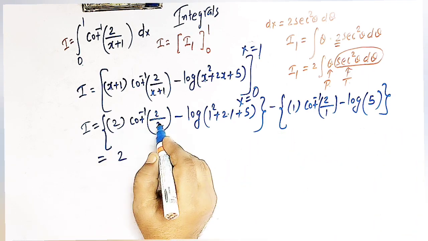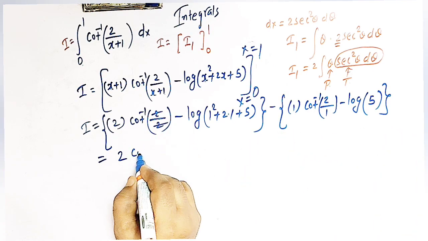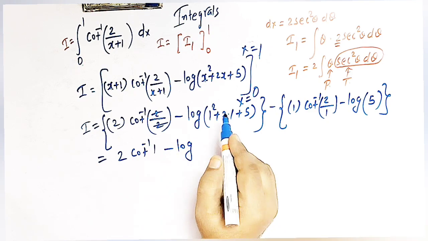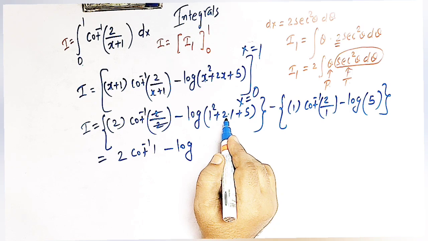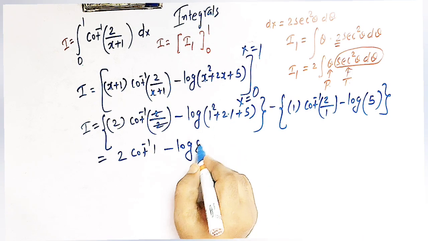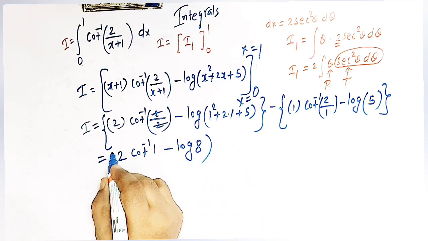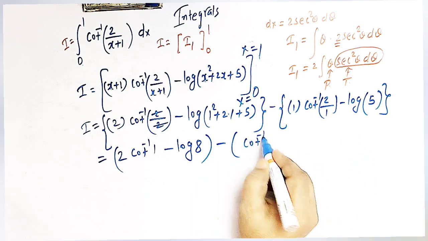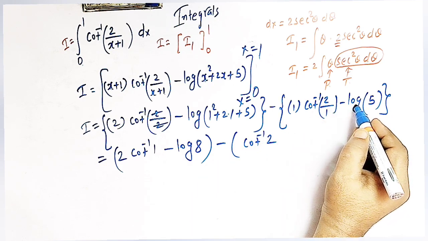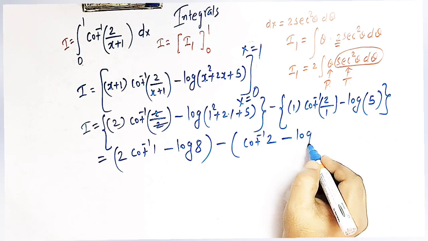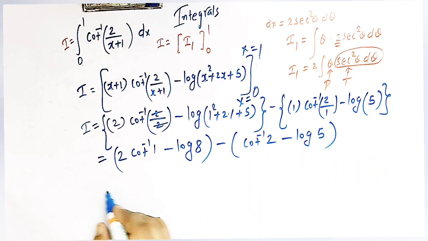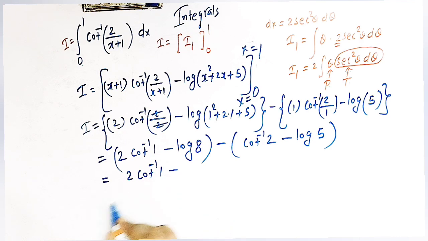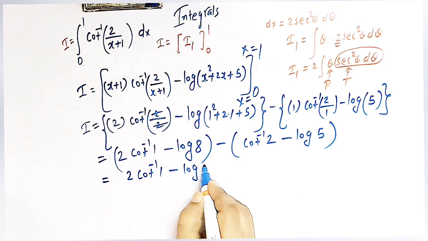The 2, 2 and 2 get cancelled, so we have cot inverse of 1 minus log of this is 5 plus 2 is 7, plus 1 is 8, right? And then we have minus cot inverse of 2, and then minus log of 5. So this is 2 cot inverse 1 minus log of 8.